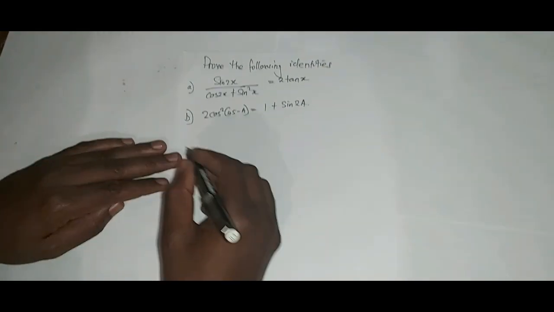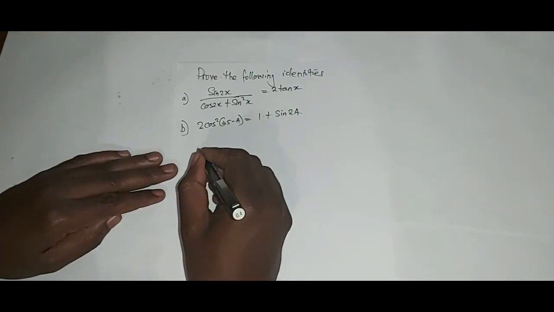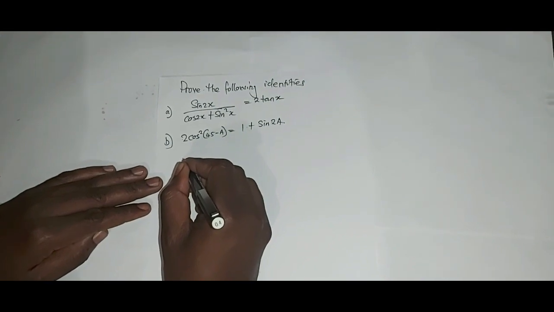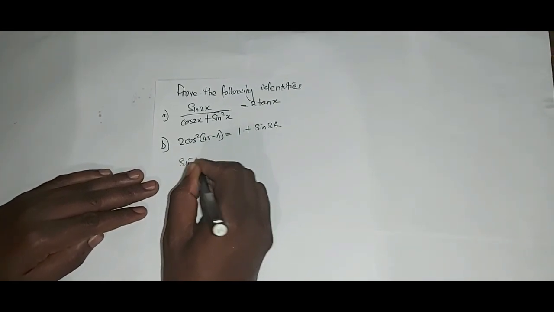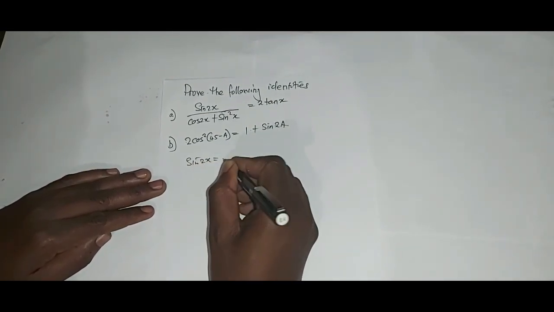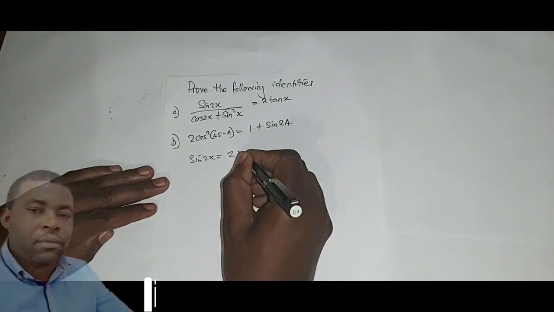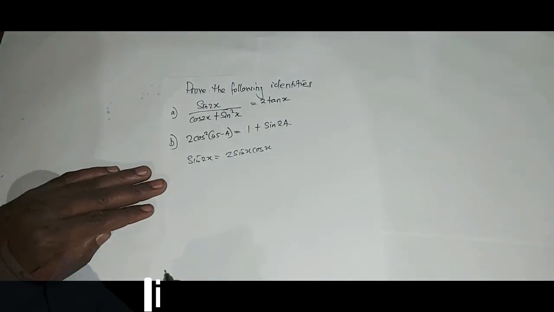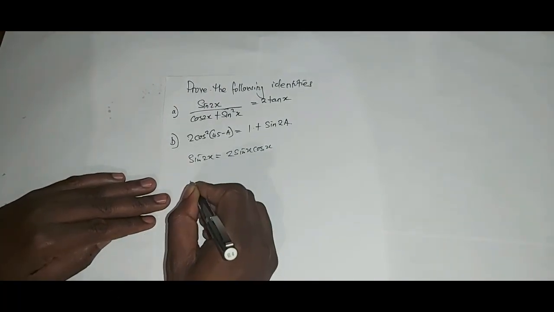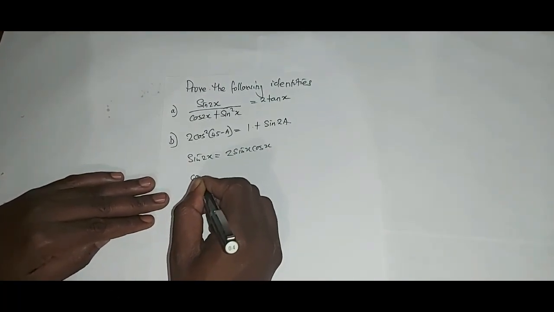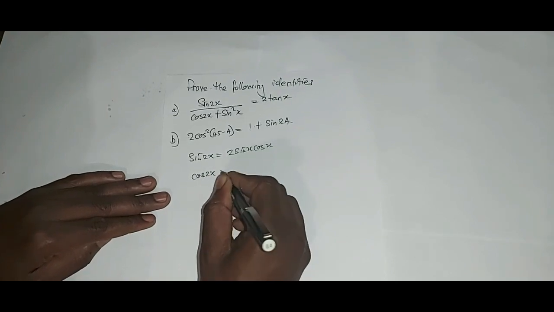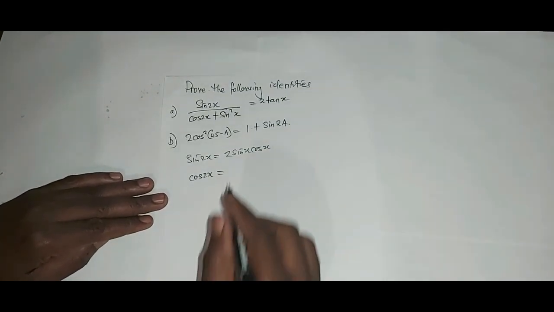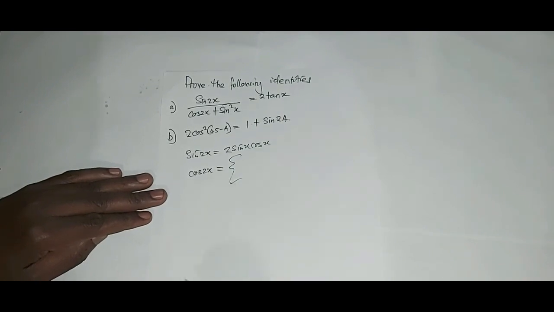So what we have to do, let's have some background information. Let it be noted that sin of 2x is equal to 2 sin x cos x. Then we also have cos 2x. Cos of 2x has three options.